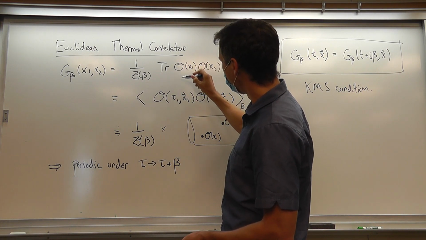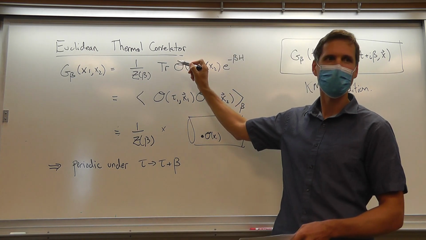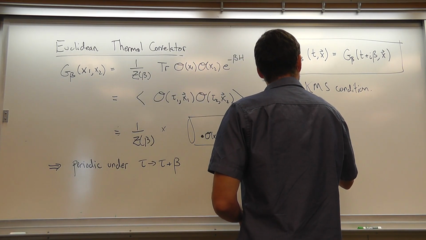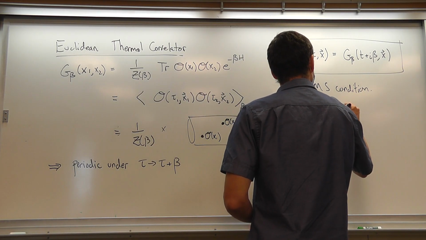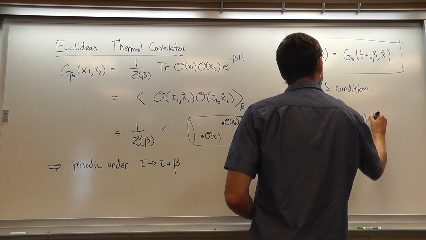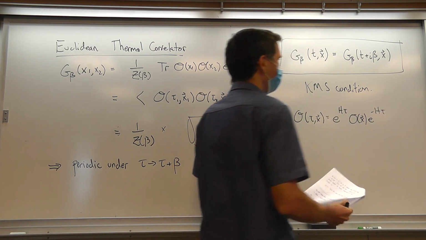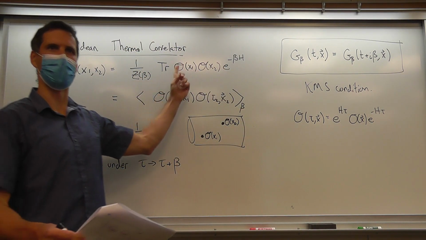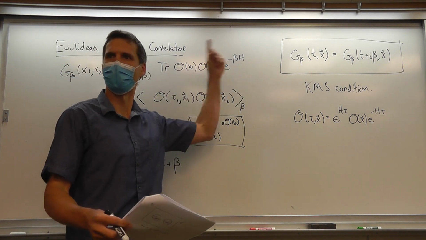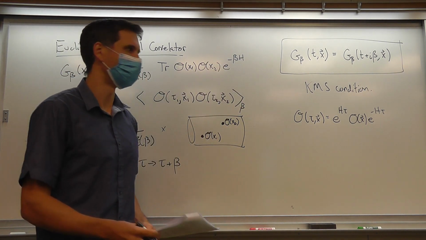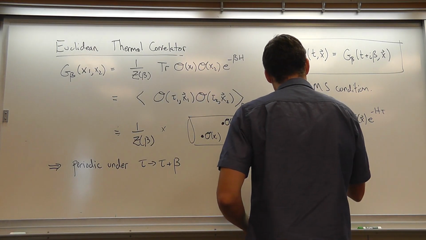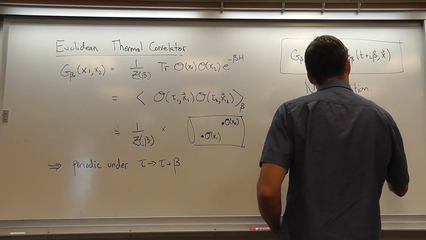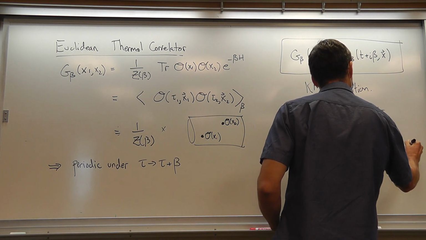If you bring out the time dependence of these operators by writing O of tau, x is e to the h tau, O of x, e to the minus h tau, then you can manipulate this trace and use the cyclic property of the trace to bring some operators around to the other side, and you can derive this formula. So I'll leave that as an exercise. Derive KMS from trace.